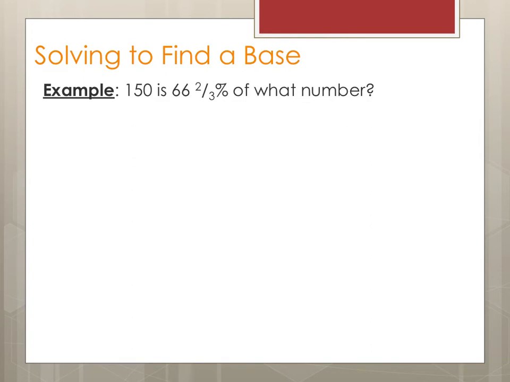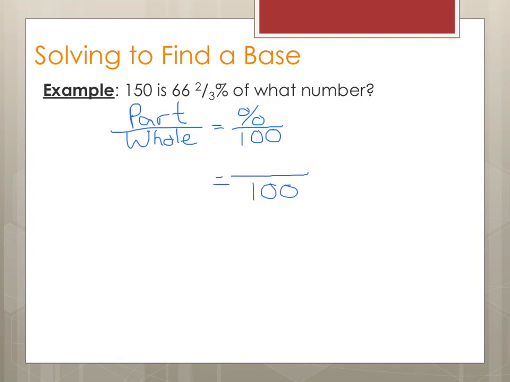Now we'll solve for the base, or the whole. So 150 is 66 2/3% of what number? Let's jot down our formula. Okay, so 100 again is always going to be on the bottom. Okay, 66 2/3%. Let's imagine that we're trying to find an exact answer, so we're not going to approximate that repeating decimal 66.66666.